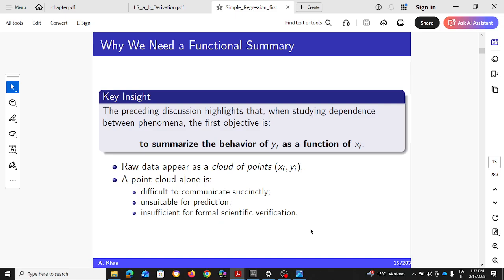Then we cannot do this kind of quick reading. So we need a function, and that function should be capable of summarizing these relationships, to summarize the behavior of yi, the dependent variable, as a function of xi. So this makes our life easier. We then don't need to look at each row of those 10,000 rows of the data set. We just put them in the function and we see if there is a relation, what kind of relation, and then we can do some kind of prediction.